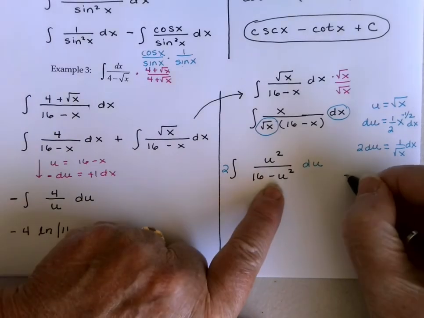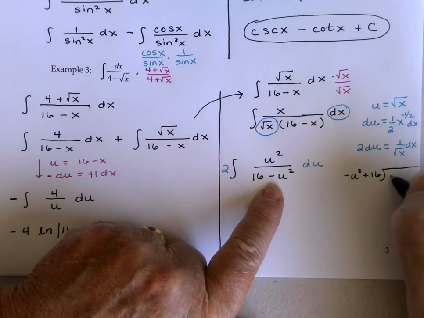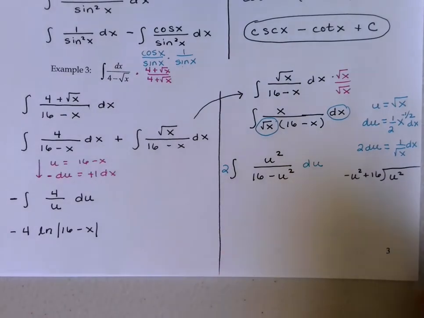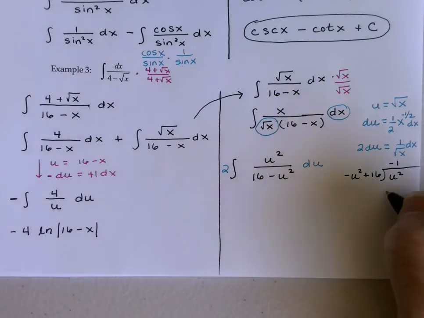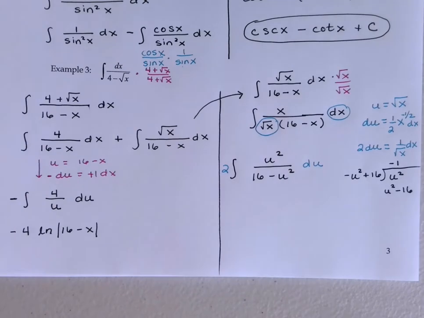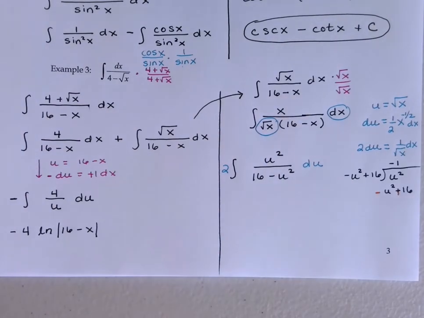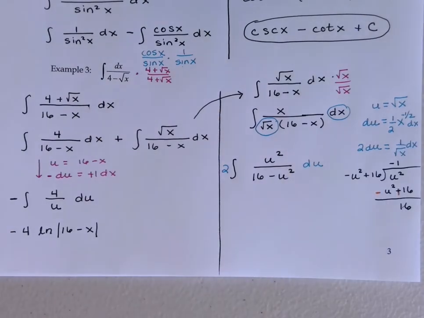I'm going to write this as negative u squared plus 16 divided into u squared. u squared divided by negative u squared would be negative 1. When I multiply it, I get u squared minus 16. I'm subtracting those. So my remainder is just positive 16.